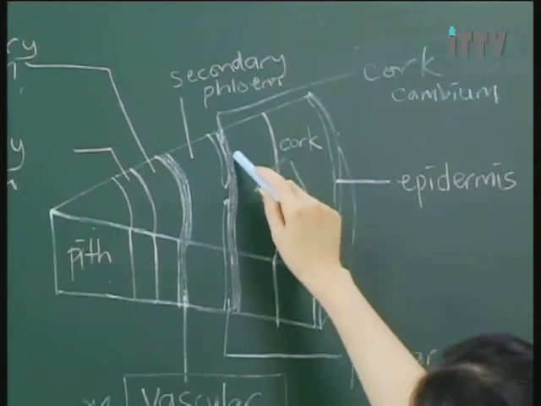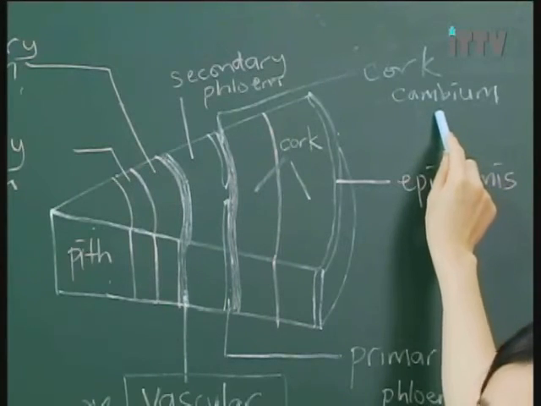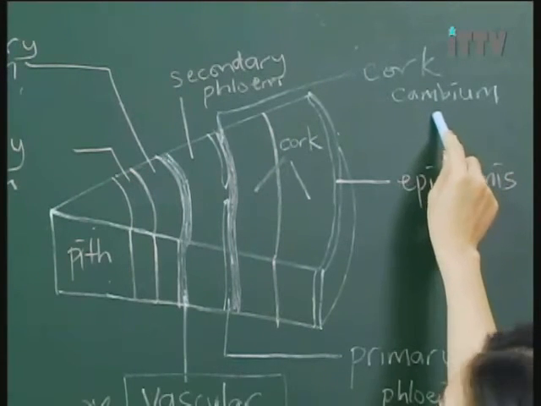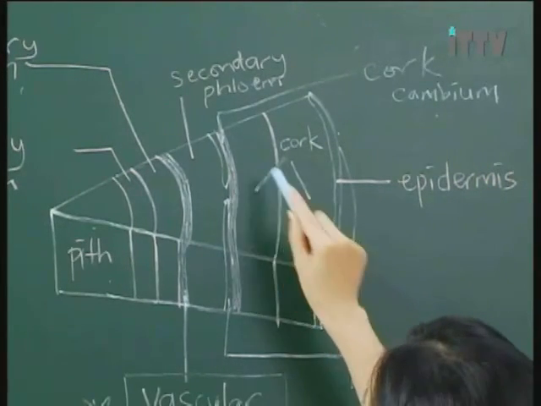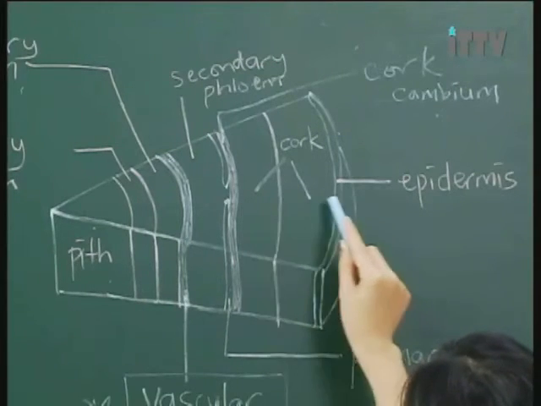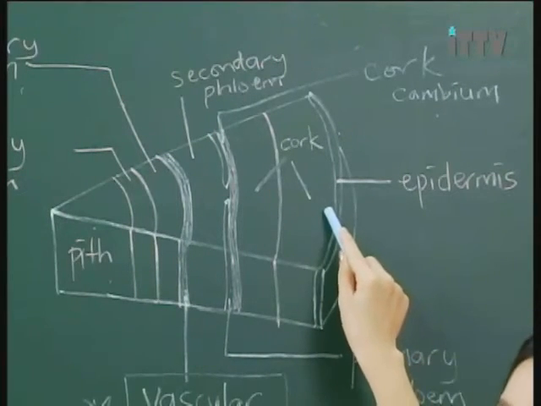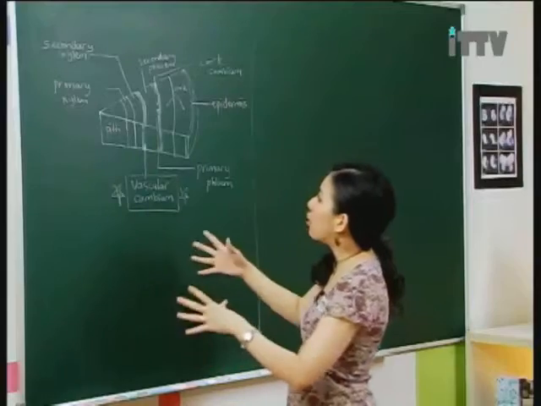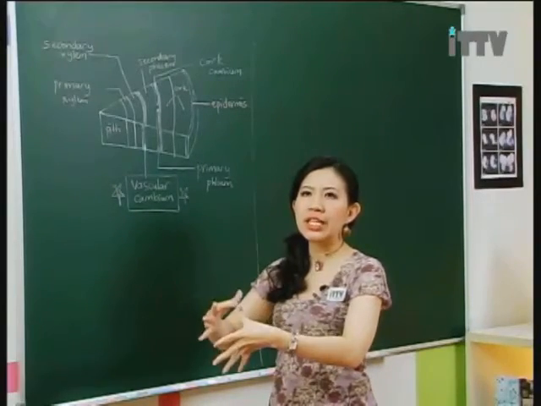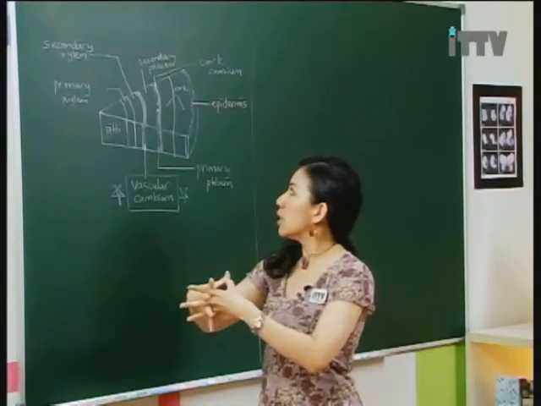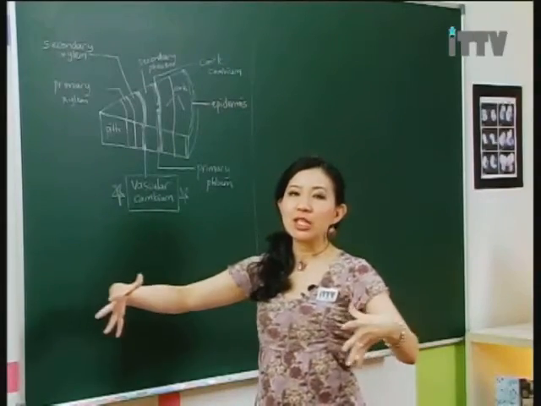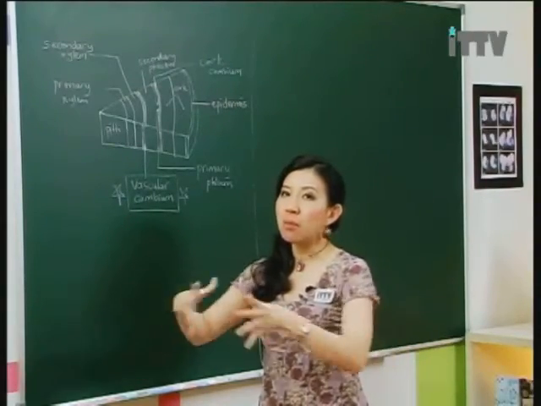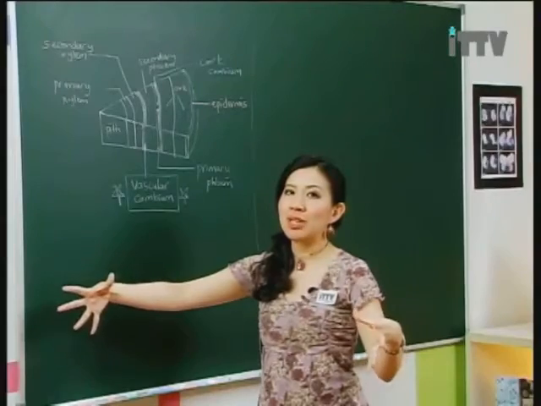And this colored part is the other cambium tissue, known as the cork cambium, which will produce cork tissue here, pushed towards the epidermis. That is how the cambium tissue grows the stems laterally, so that the diameter of the stem grows sideways.